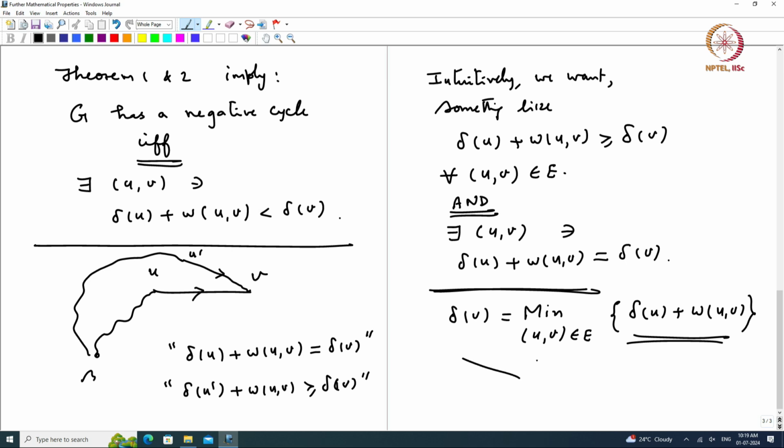Pictorially, suppose this is v and from u1 there is an edge, from u2 there is an edge, from u3 there is an edge.